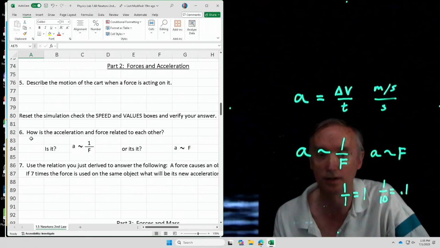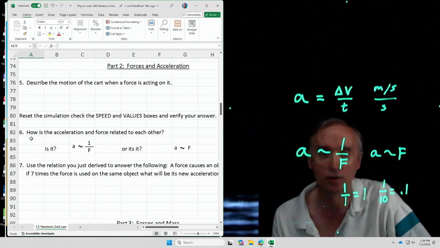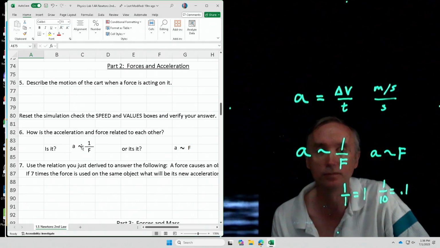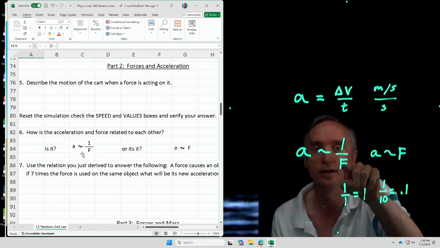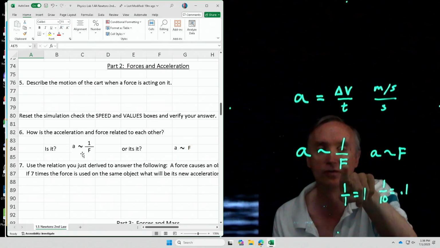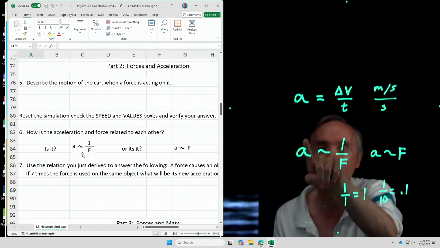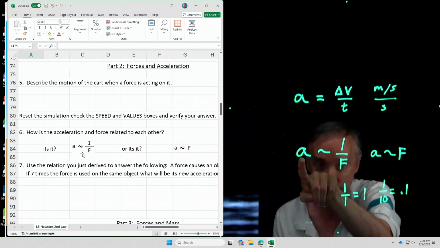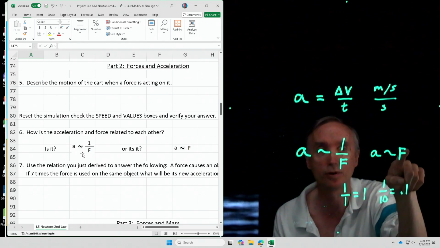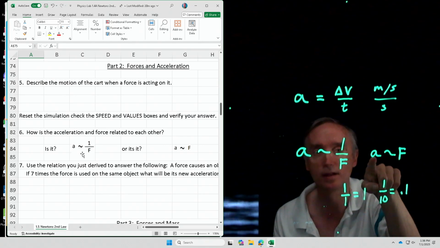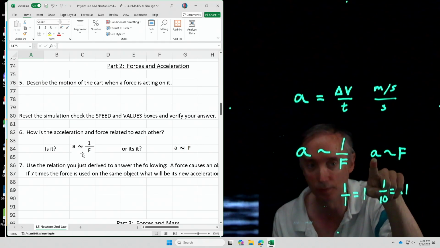Okay, and so what you want to do is look at the force that's being applied, and then what is it causing the acceleration to do? So this first one here, if you put a large force in the bottom part of the formula, then it's going to make the acceleration get something. On the other hand, if you put a large force over here, then it's going to make the acceleration get something.